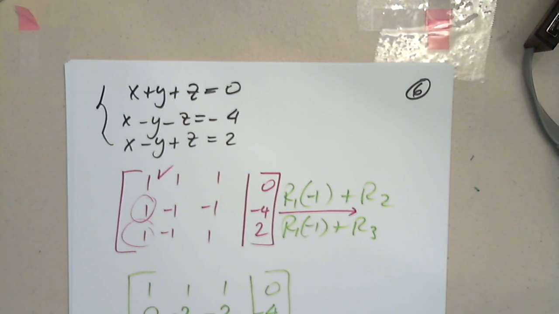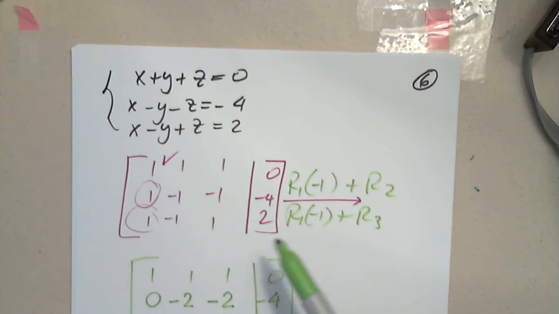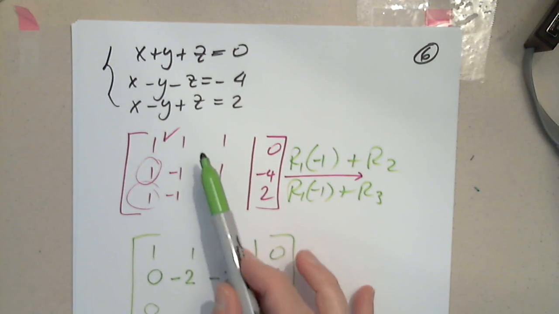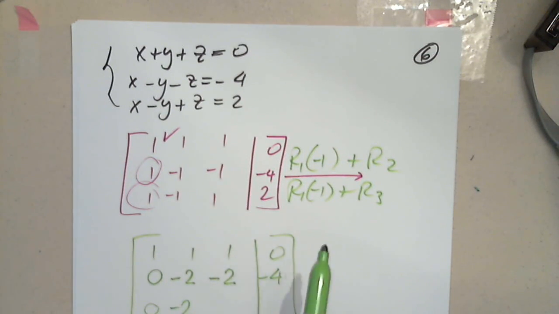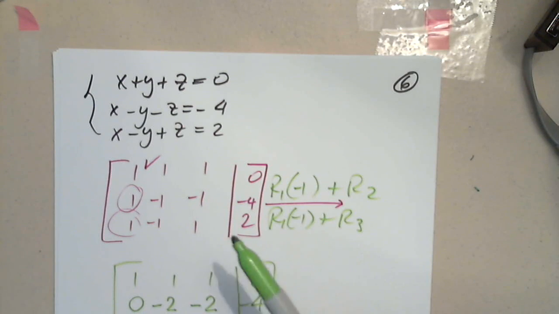So far, so good? Yes. In the third row, 1 times -1 minus 1, of course, it has to be 0. 1 times -1 is -1 minus 1 is -2. And 1 times -1 is -1 plus 1 will be 0. And 0 times -1 still 0 and 2.